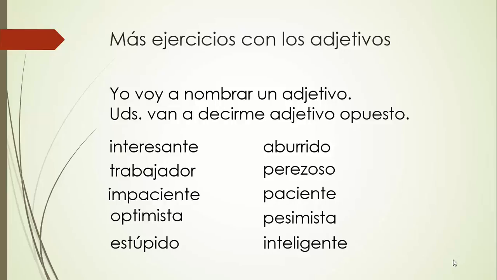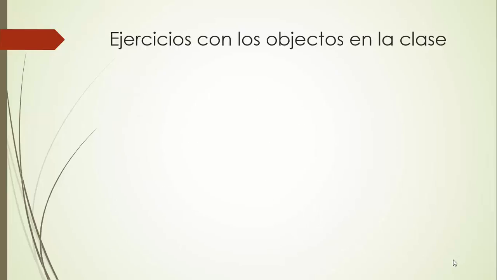Vamos a continuar. The next set of vocabulary that we've got in this lesson, the second part of the lesson, are objects in your classroom. So you can either turn to the last page of the chapter or the page in the chapter that begins part 2 so that you can see that whole big long list of objects in the classroom.